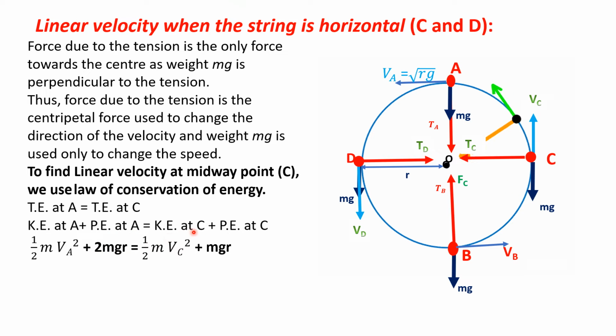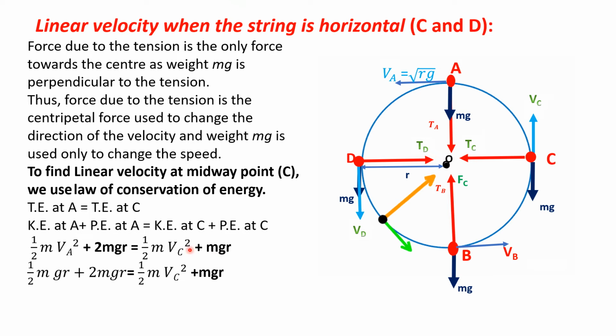Now kinetic energy at point C can be written as half m Vc squared, where Vc is the velocity at point C, and as point C is at a height r, the potential energy at point C is mgr.